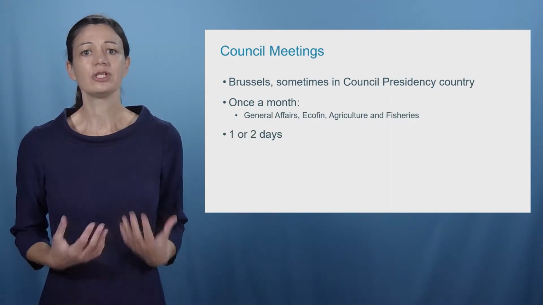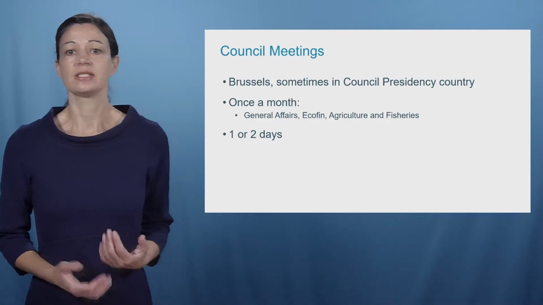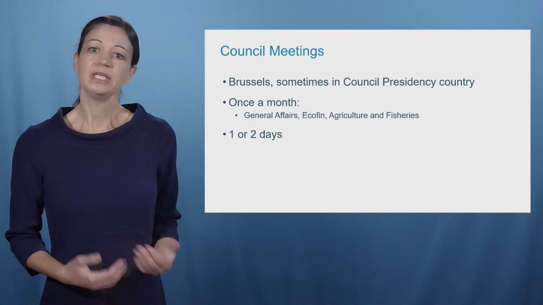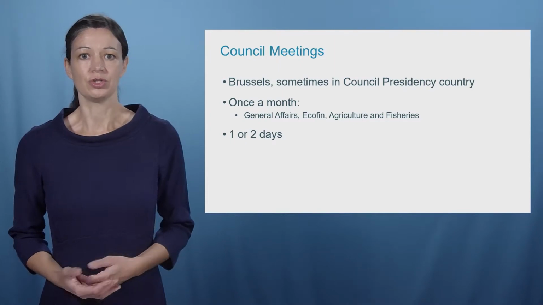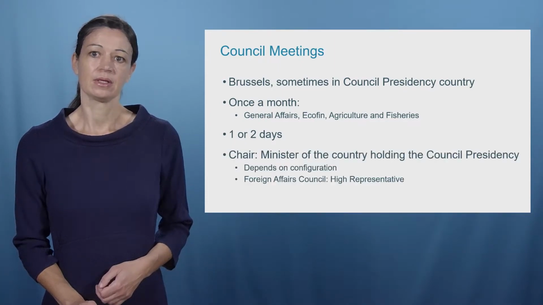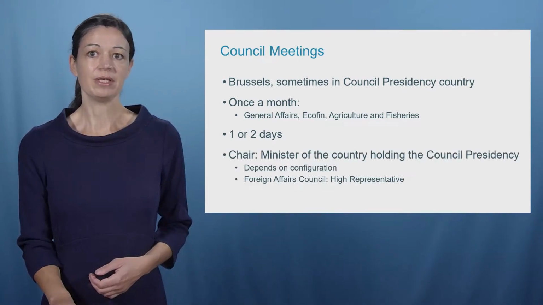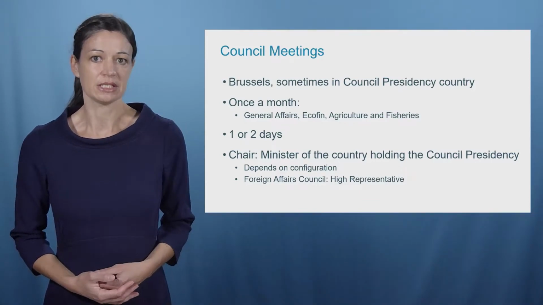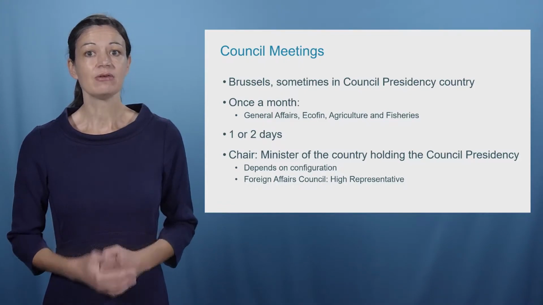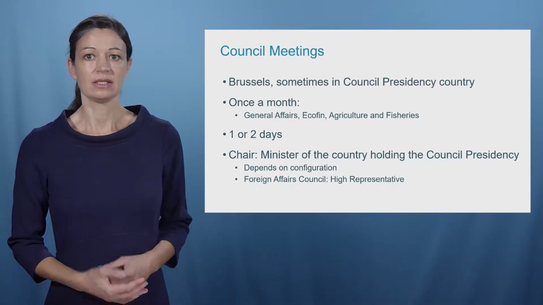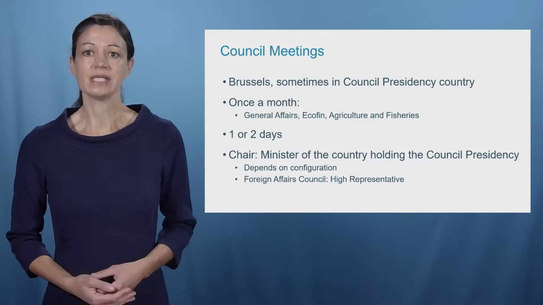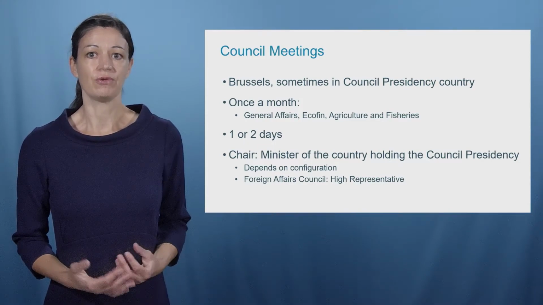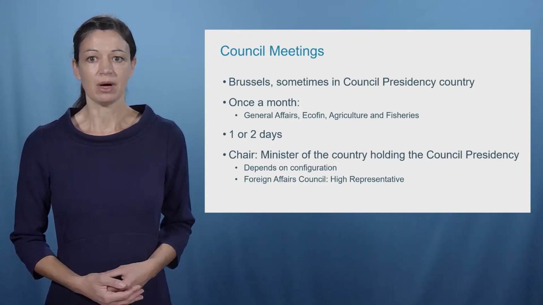The ones with a charged agenda, such as the General Affairs Council, meet about once a month for 1 or 2 days. The meetings are chaired by the competent minister from the country that holds the council presidency, except for the Foreign Affairs Council. This is chaired by the High Representative of the Union for Foreign Affairs and Security Policy.